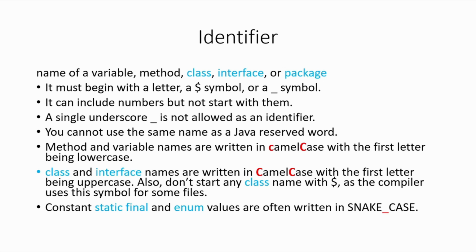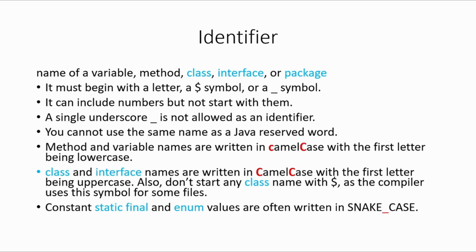Interface, we will see in future videos about object-oriented what interfaces are, so the interface name is also an identifier. Package, which we defined in our previous video, and here we also have the package com.company in the main class, is an identifier. So identifier means a name of anything: variable, method, class, interface, package.